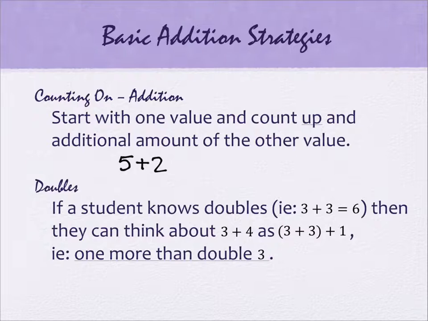So this is the idea that kids learn the doubles first: 1 plus 1, 2 plus 2, 3 plus 3, 4 plus 4. Those are the ones they start with. And then when they want the numbers nearby, for example 3 plus 4, they know what 3 plus 3 is and then just add one more on. It's one more than a double 3. So that's a doubles strategy.